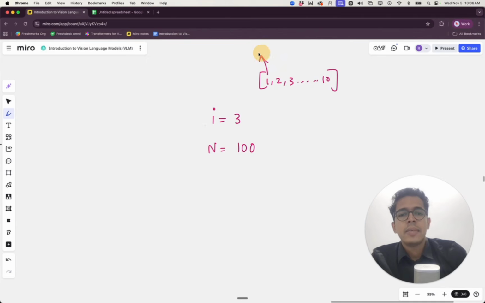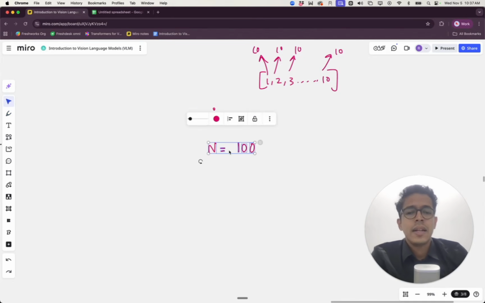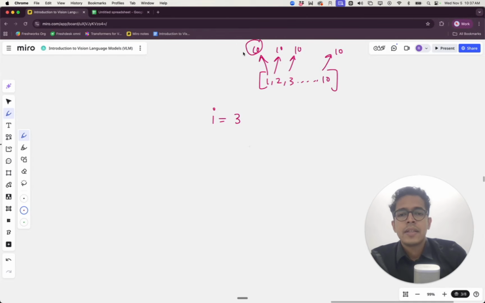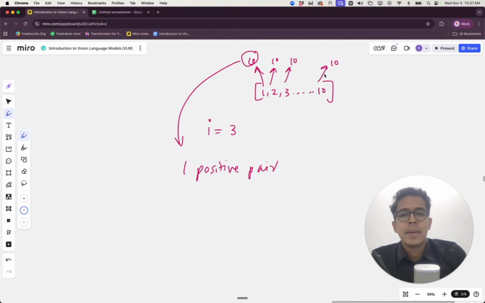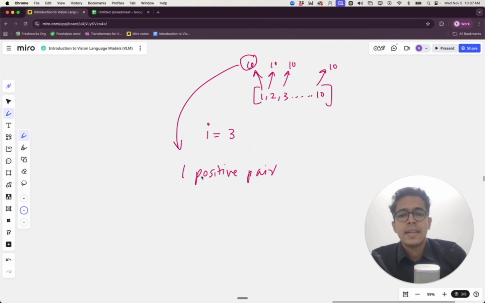And for each image, I created 10 augmentations, 10 with this, 10 with this, etc., right? And now one of them will be the anchor. So the way I will construct the data set could be like this. I will pick one of these augmentations in my data set. So there will be one positive pair and remaining, let's say 90, are negative pairs.